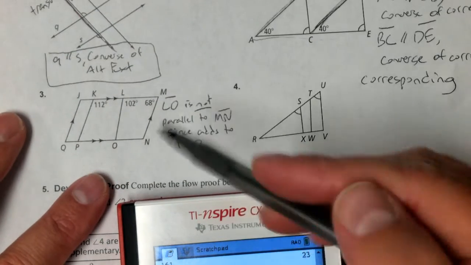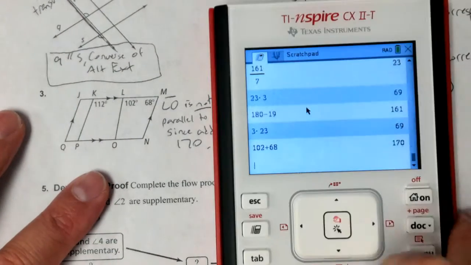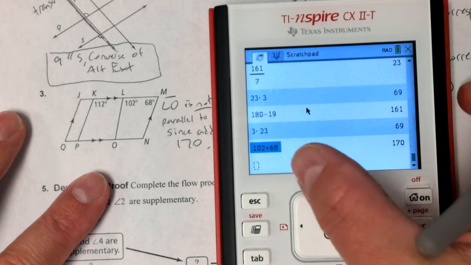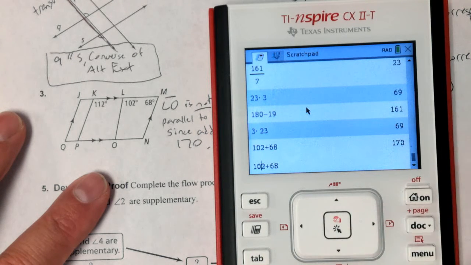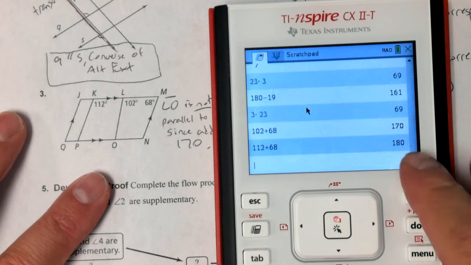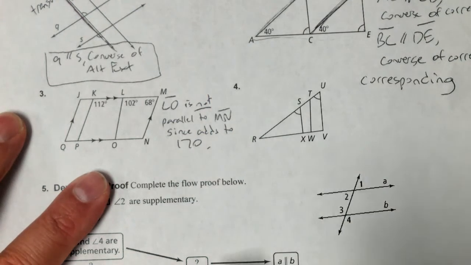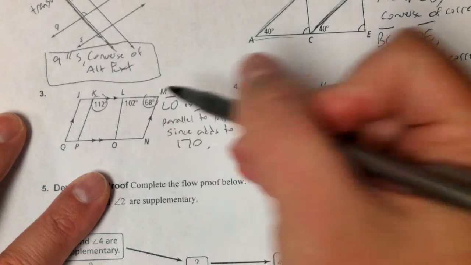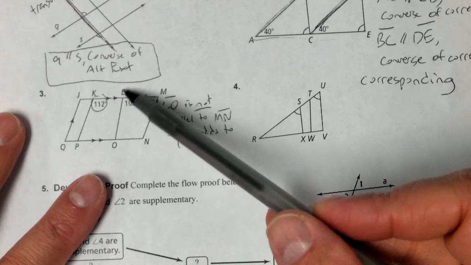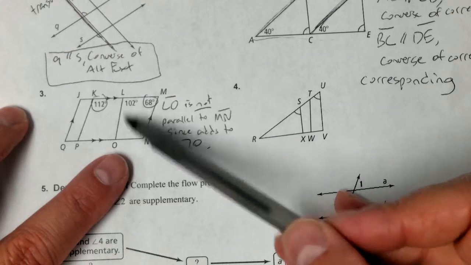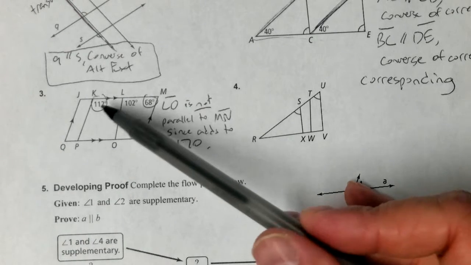Now if we do the 112 with the 68, it should work. So I'm just highlighting this part and then changing this 102 to 112, and I get 180. LO is not parallel to MN. In other words, they didn't look parallel, and we confirmed they weren't.